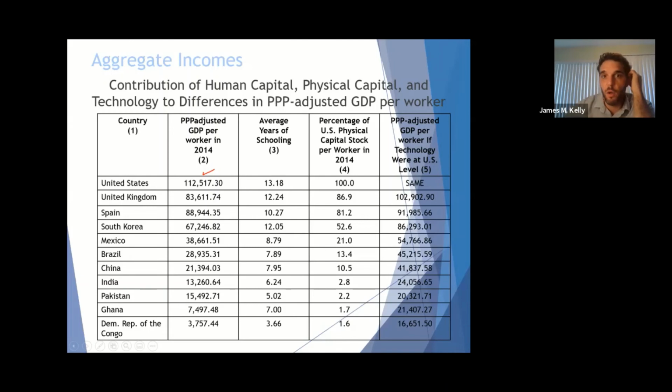Now, if we look at what productivity would be if other countries were at the same level as the U.S. in terms of technology, we see that other countries would have significantly increased their productivity with higher levels of technology. Now, notice that the U.S.